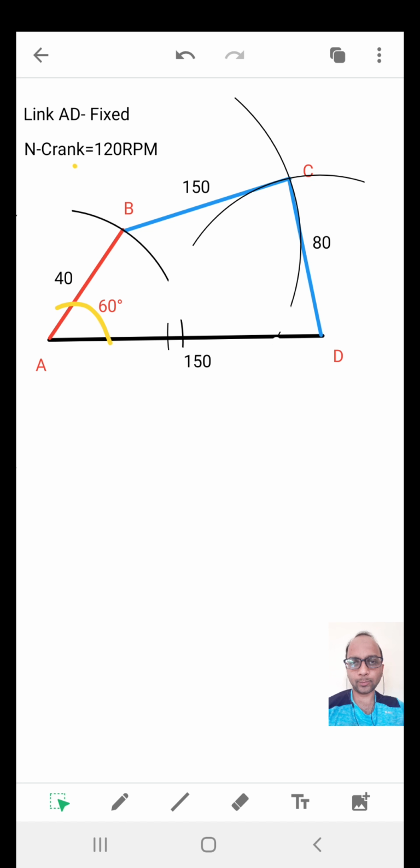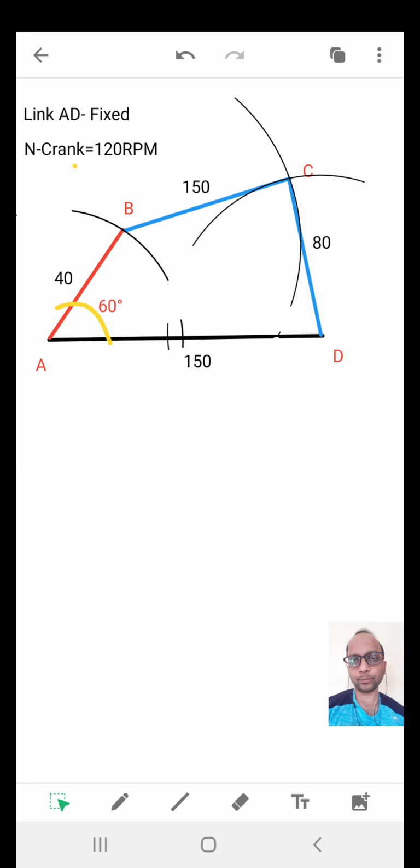Draw the line AB, which is the crank of this mechanism. Then draw line AD, which is fixed, equal to 150 mm. After that, from point D, draw an arc of 80 mm radius. Then at point B, draw another arc of 150 mm radius which coincides with point C. Note down that point C.